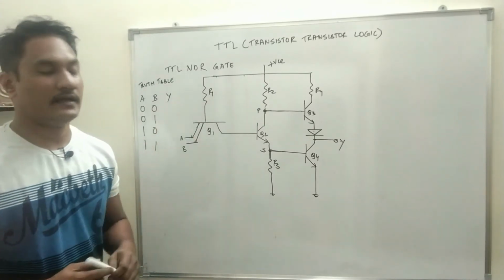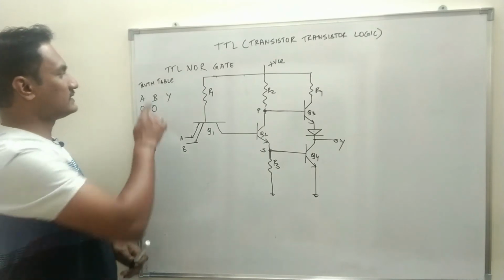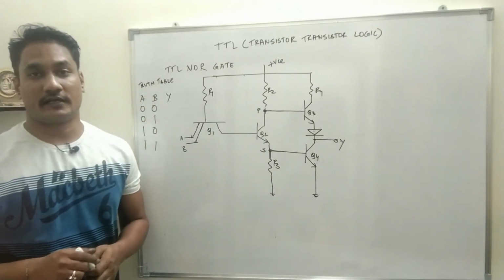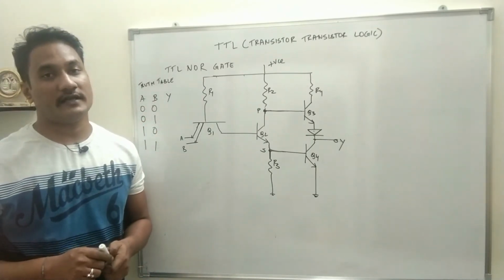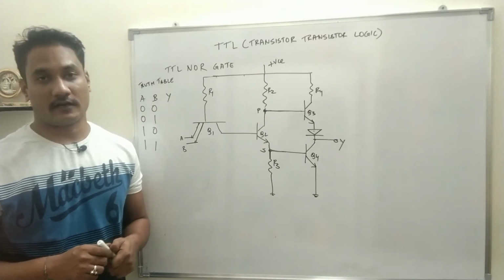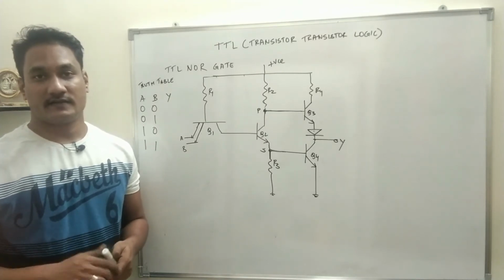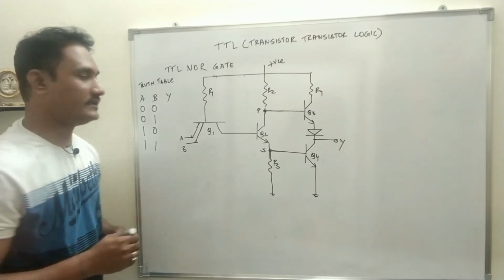TTL NOR gate. Now let us see the output of the TTL NOR gate. What is a NOR gate? It is the inverse of the OR gate, and OR gate amounts to addition. So NOR gate is the inverse of addition.